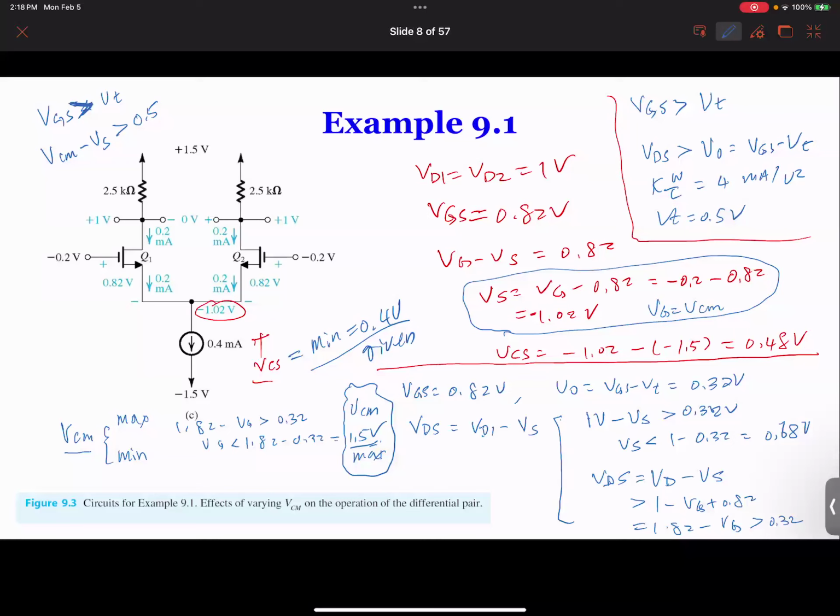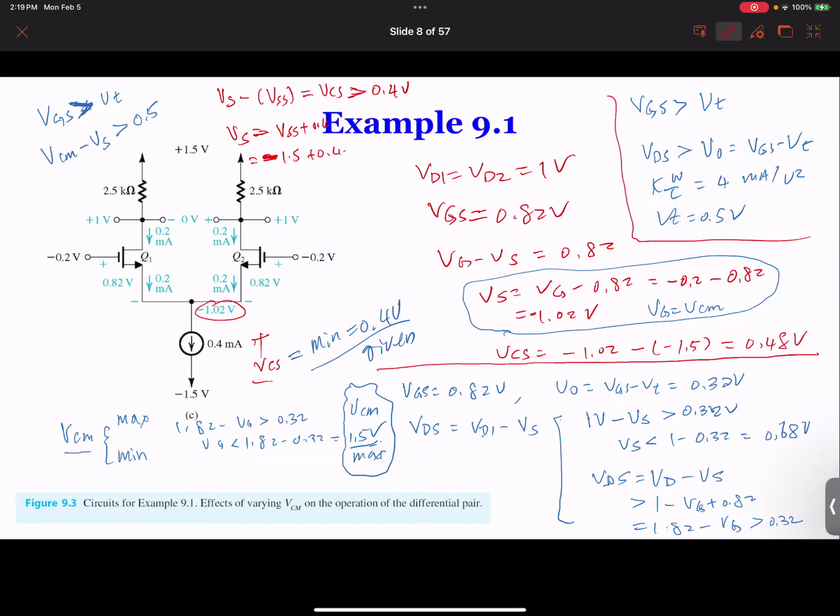Use red color to make it better. So VCM minus Vs is larger than 0.5, and Vs minus VSS equal to VCS is larger than 0.4 volts. So Vs has to be larger than VSS plus 0.4. And Vs is minus 1.5 plus 0.4, by the way.